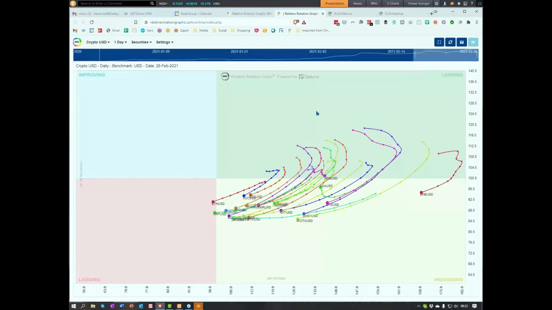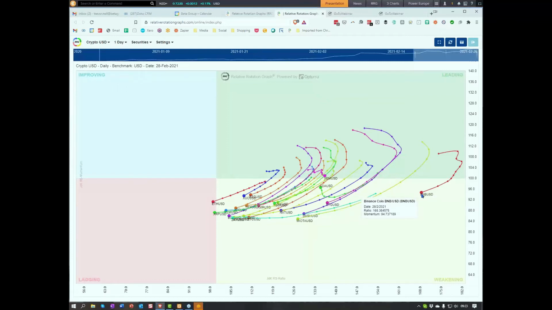So you can say furthest to the right, with this vertical line here at 100, is 160. That is actually 60% stronger than the dollar, is what that literally means.